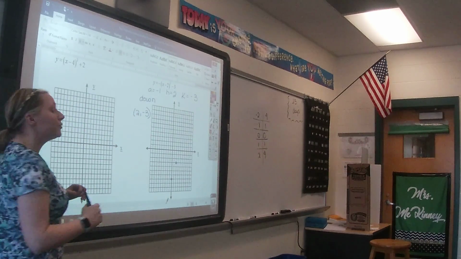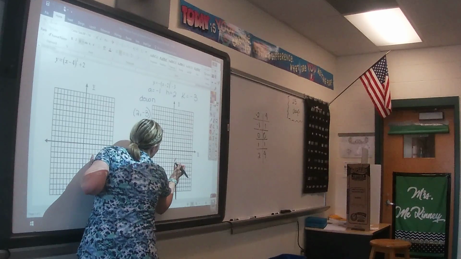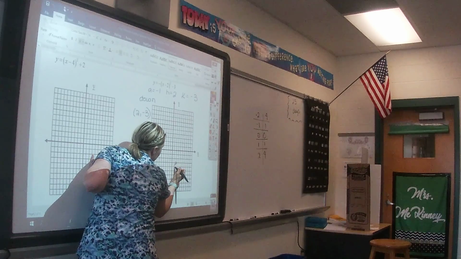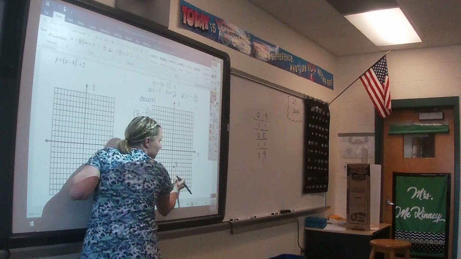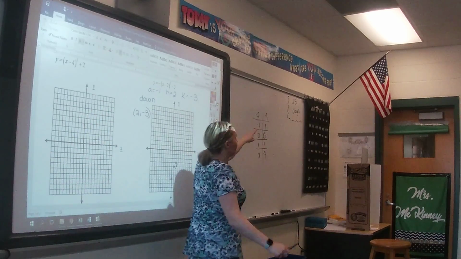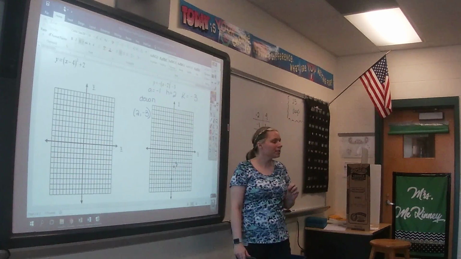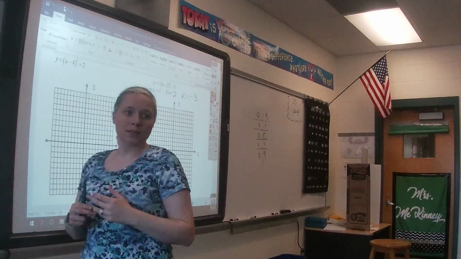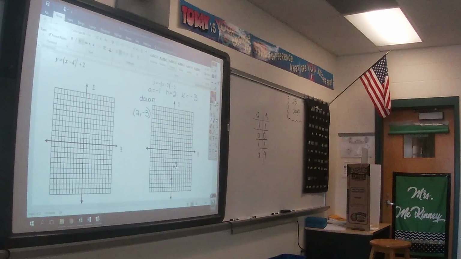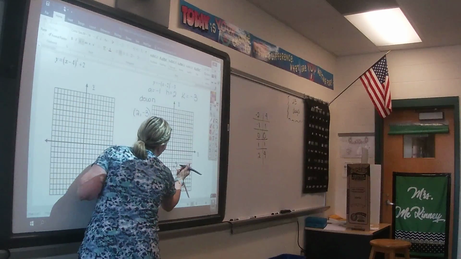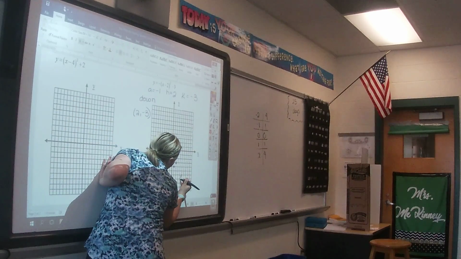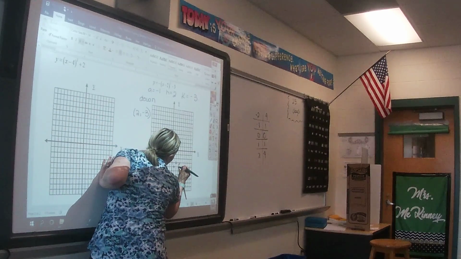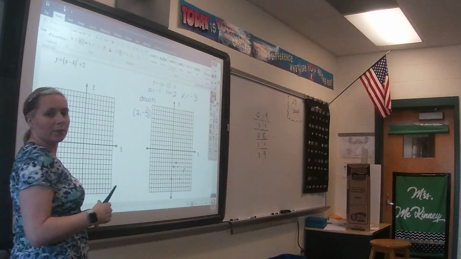Then I'm going to go left 1, down 1, because it opens down. Then I'm going to do the exact same thing on the other side of it. So I'm going to go right 2, down 4, right 1, down 1.